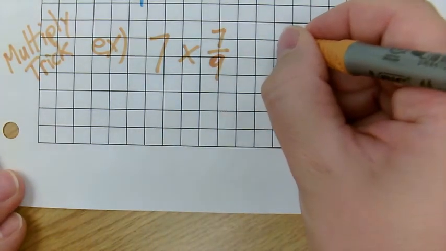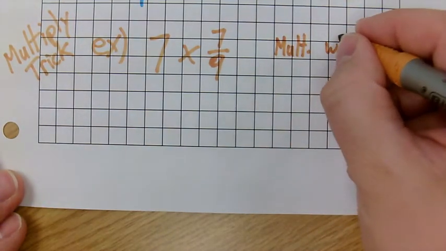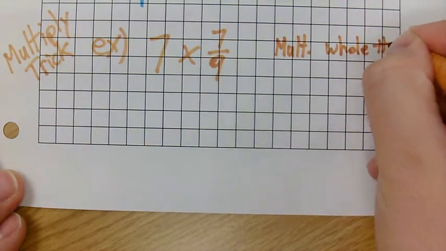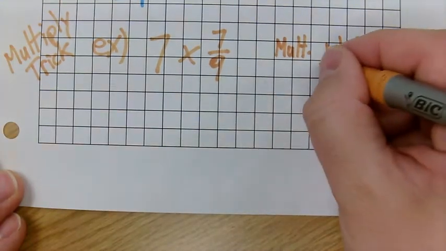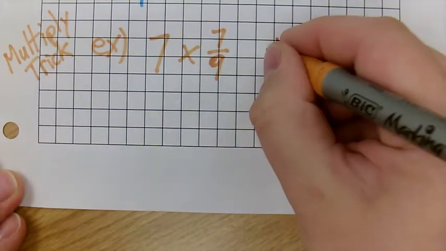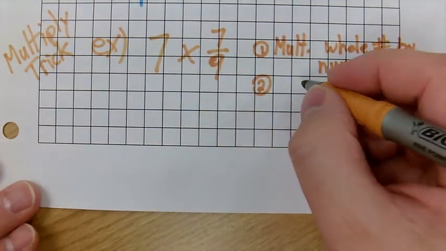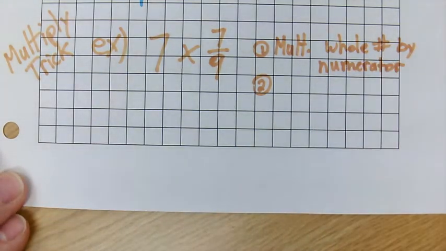So first, multiply the whole number by the numerator. That's the first thing. The second thing is what we'll do next.